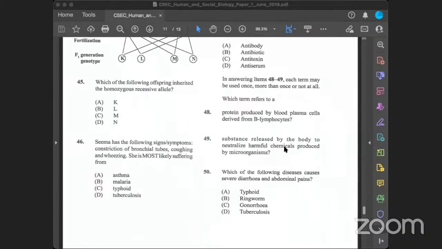So this is a substance produced by the body, right? What would the microorganisms release? The microorganism will release toxins, so the body will produce antitoxins. All right, so there it's C. Antibiotics, we know what these are.